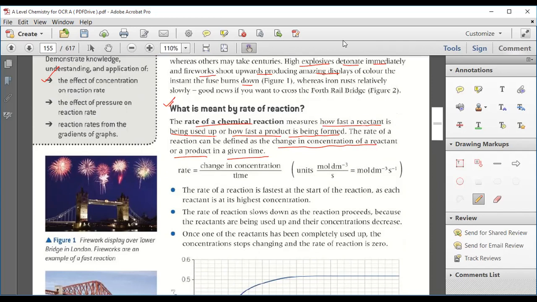Now see this, I'm opening a PPT. Now suppose there is a reaction in which A is converting into B. So A is the reactant and you are getting B as a product.